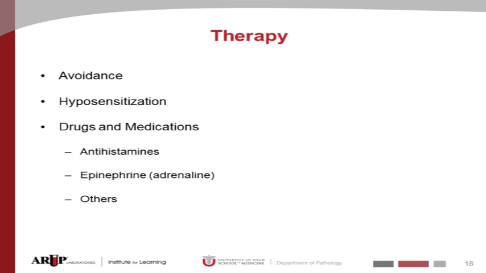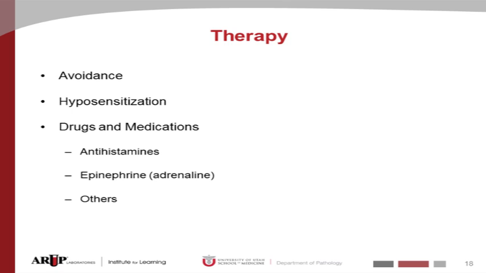The goal here is to help the patient develop high levels of IgG-type antibody so that if the patient is exposed to the allergen, their IgGs will grab on and take care of the allergen before they can get to the sensitized mast cells or basophils. This has been pretty effective for bee stings and certain inhaled allergies.